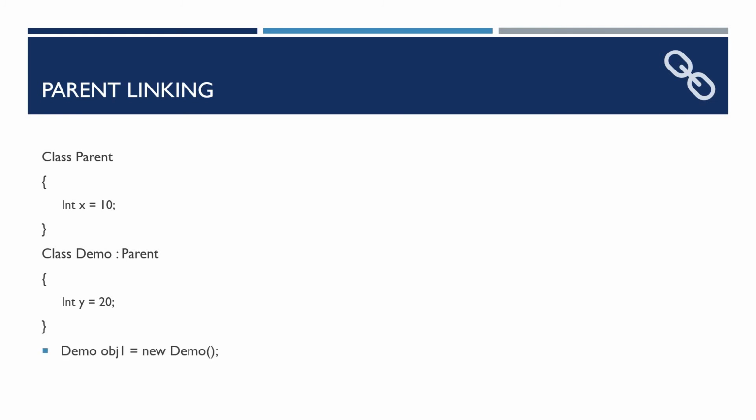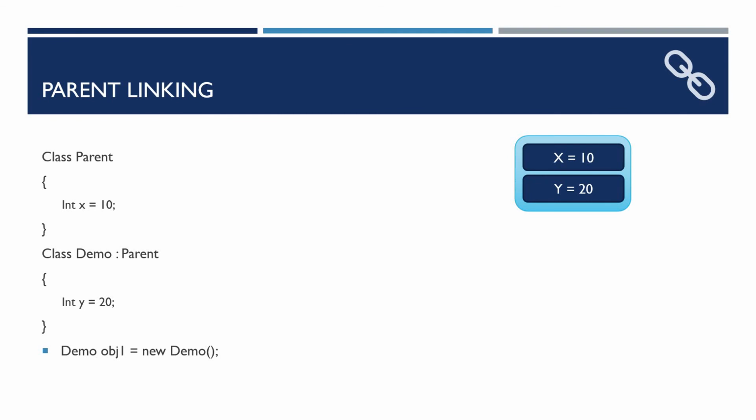Here I'm creating an object for the child class and memory is created, and it will have both parent and child class memories. Normally in C#, if you create an object for a child class, the execution starts from parent to child. So memory allocation also starts from parent to child. First memory allocation happens for the parent, then the child.